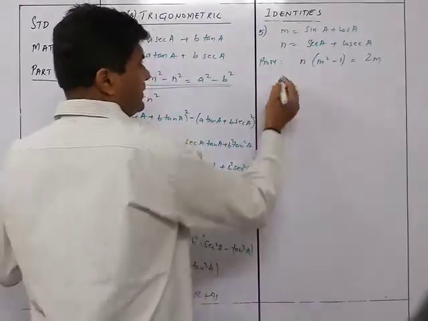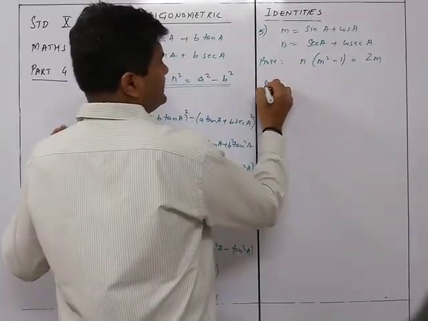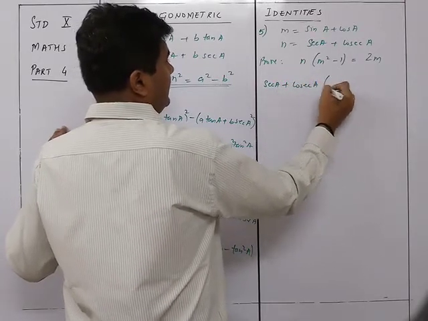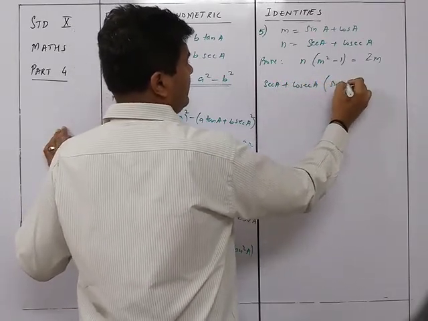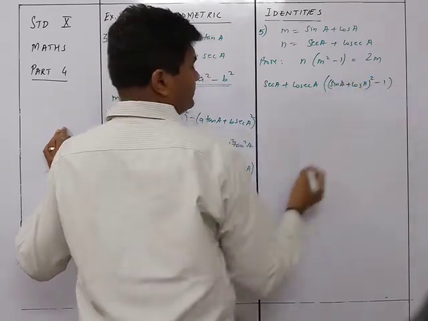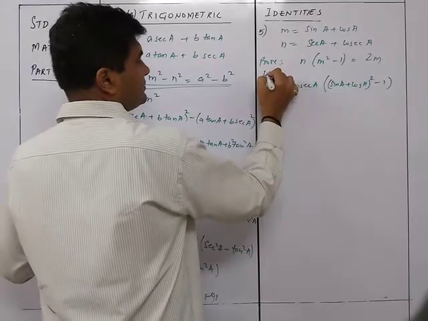We'll multiply whatever is there over here. So it will be (sec A plus cosec A) into (sin A plus cos A) whole square minus 1. That's LHS.